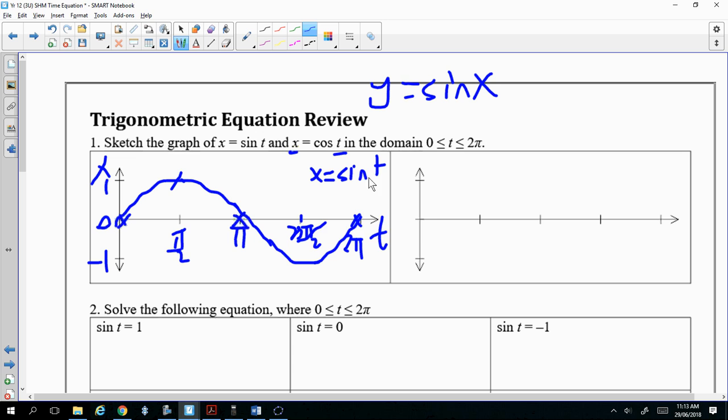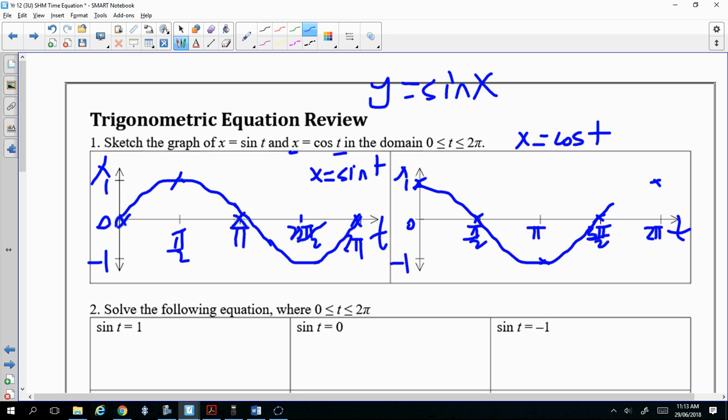Draw the graph of cos as well. Alright, draw the graph. Okay, good.